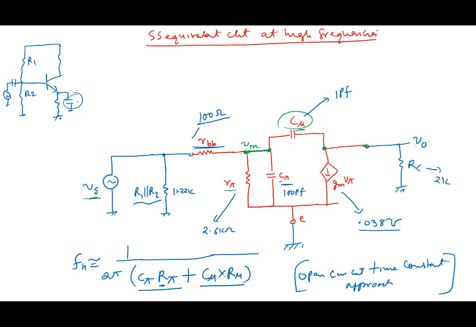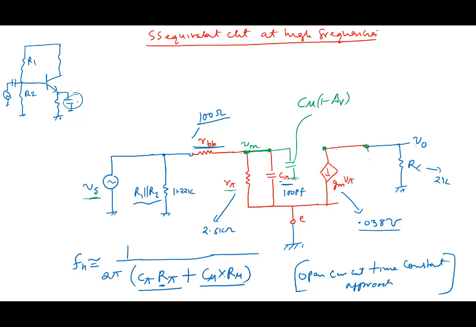So what one is saying is that this capacitor C mu you can take out and substitute by two capacitors, one at the input and the other at the output. We take out C mu and put another capacitor here, equal to C mu times (1 minus AV), where AV is the gain of the amplifier.